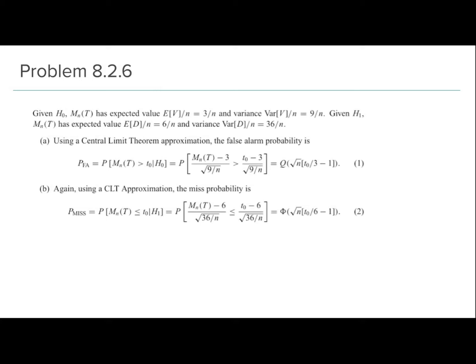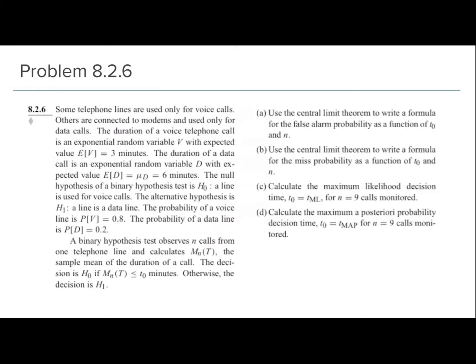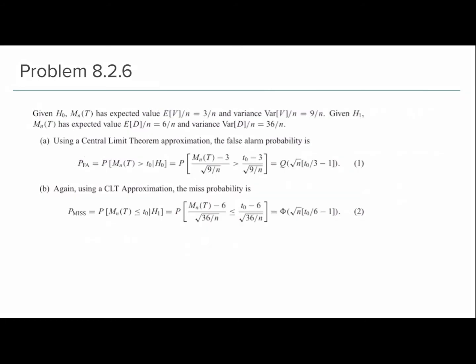Next, we have to use the central limit theorem to write a formula for the miss probability, right? The miss probability will be the probability of A naught given H1, and A naught is the event where Mn of t is less than or equal to t naught. So the probability of miss is the probability of Mn of t less than or equal to t naught given H1, and we know that given H1, Mn of t has expected value equal to 6 and variance 36 by n, right?